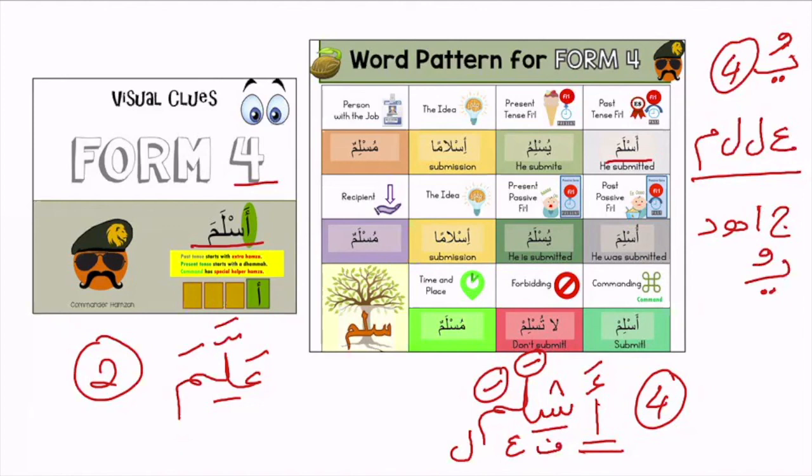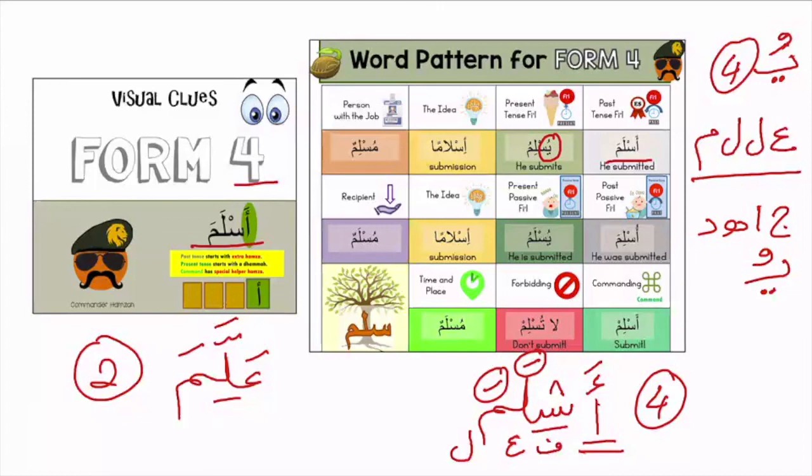So now aslama, how many letters? This alif, sorry, I keep calling it alif, that should be hamza. So hamza, sin, lam, and mim. So 4 letters again. That's why our mudari is getting the u sound. Always remember, whenever we have 4 members in a family, as in 4 letters, then the mudari will take the u sound.